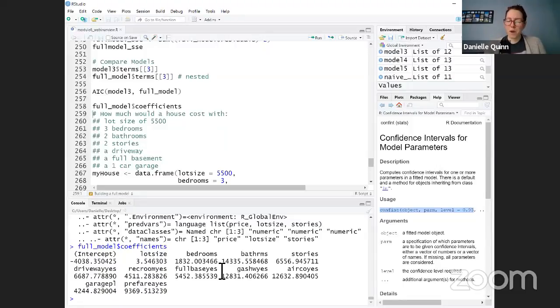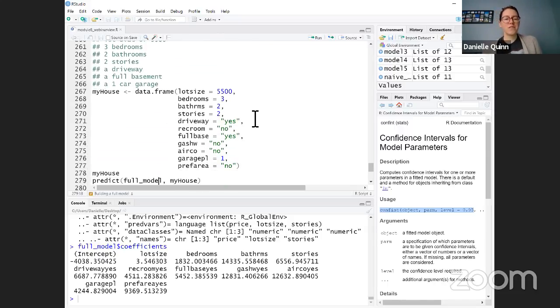But as you probably already can expect, that's a huge pain to do by hand every time. So I want to show you a quick shortcut. What you can do is create a new data frame. We'll call it My House because it represents the house you're trying to sell.